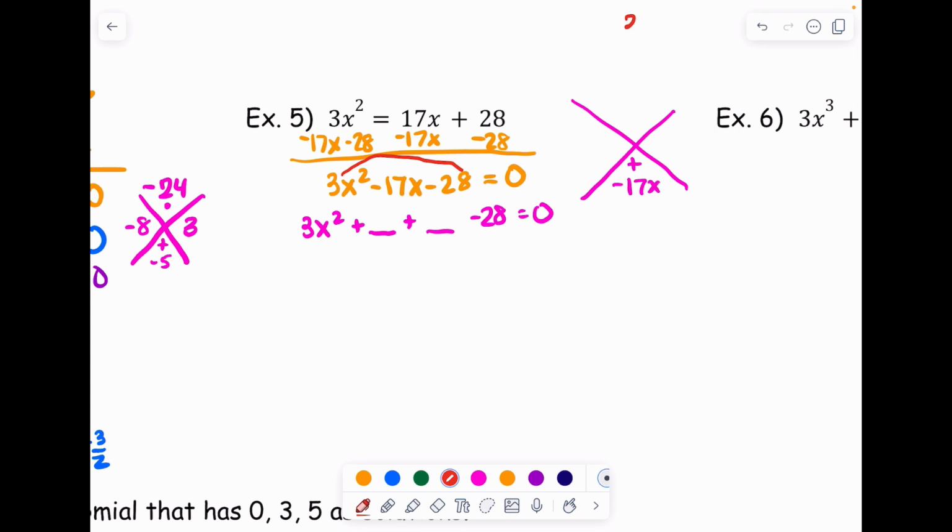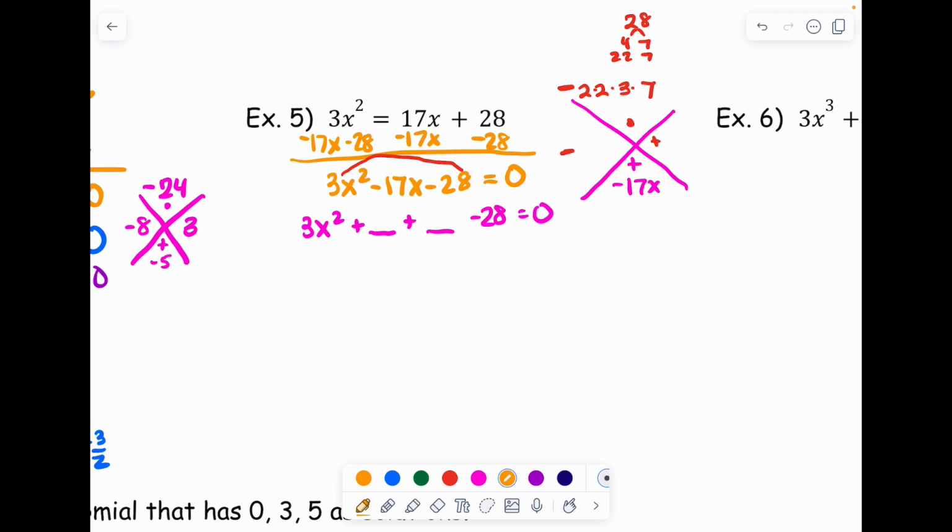So I'm going to take this 28 and break it down to 4 and 7, which is 2 times 2 times 7, but I'm also going to have a 3. We have to remember that this is negative, so our product is negative, so one is going to be negative and one is going to be positive. We're going to take something and subtract it from something to make the negative 17.